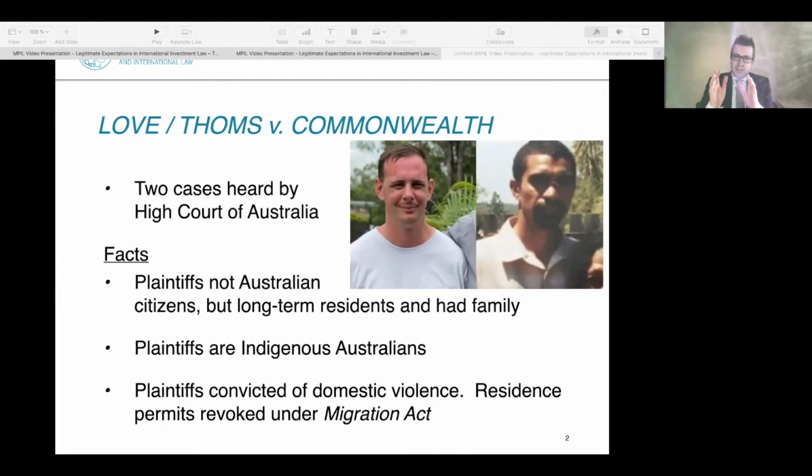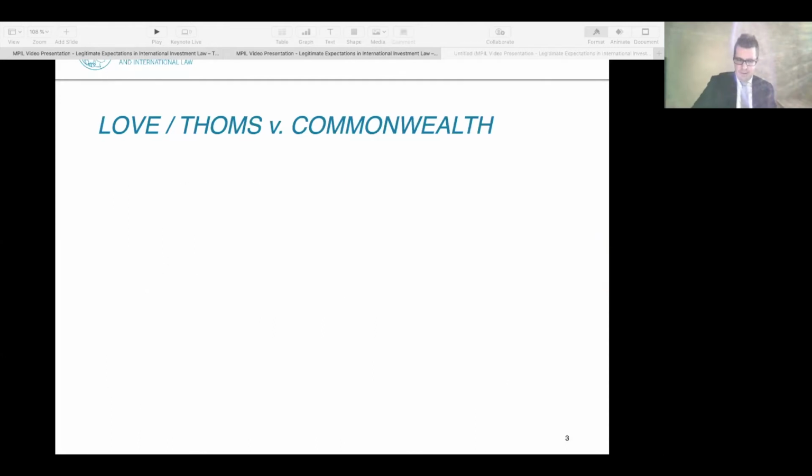So both of them, because they were sentenced to these prison terms, were liable to be deported, and indeed, the Minister for Home Affairs did issue orders revoking their residence permits, effectively meaning they were to be deported. I think for understandable reasons, they didn't want this to happen.